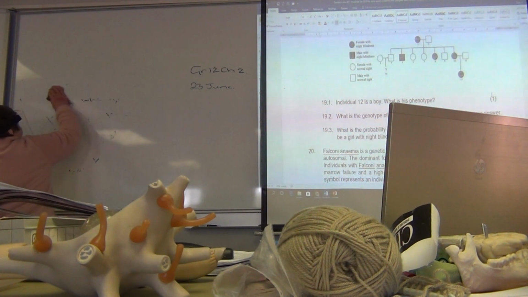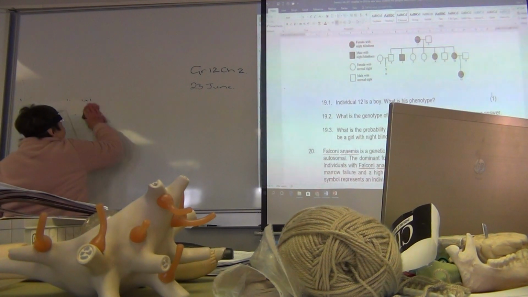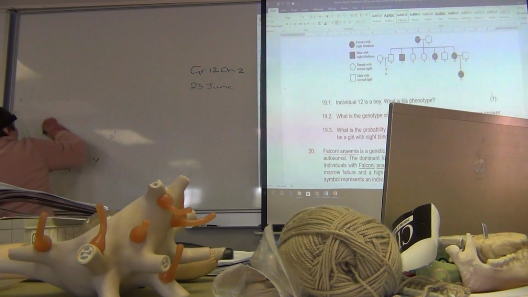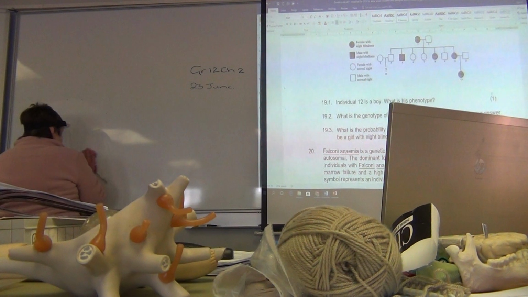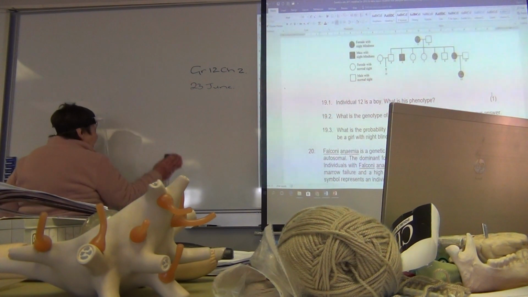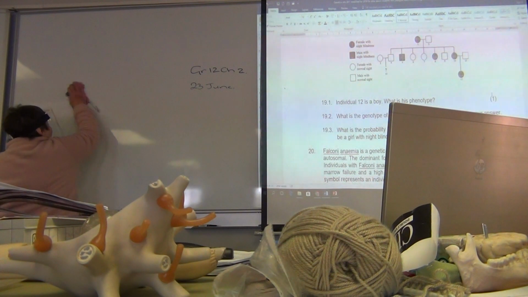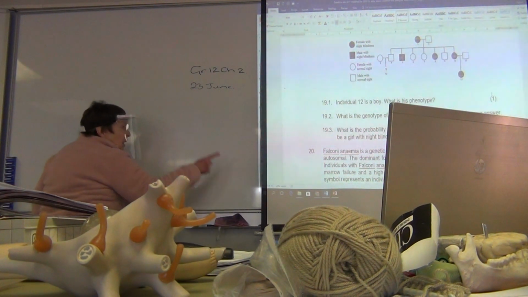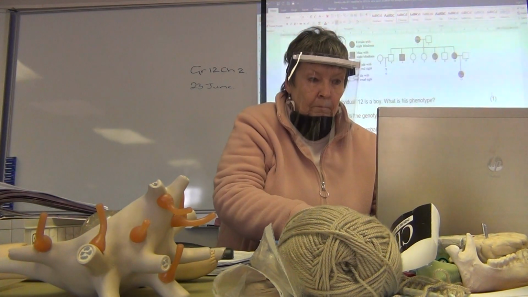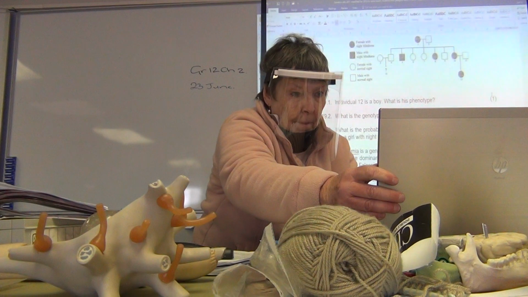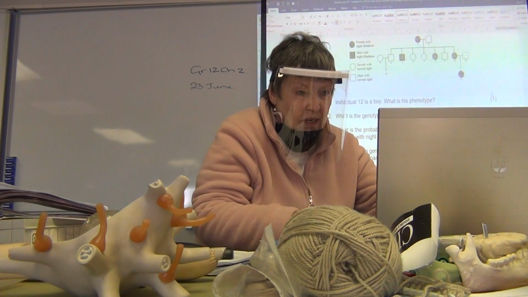And this way of showing it is called genetic pedigrees. Now, genetic pedigrees use symbols like you see there. Okay, can you see?